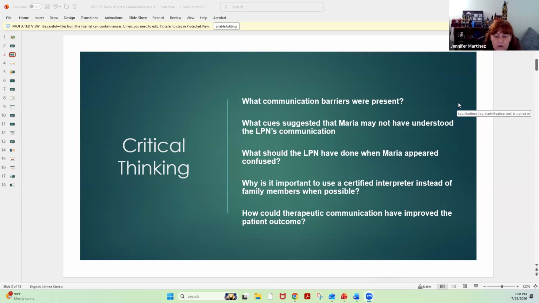And one thing too, with all of that, they may not convey everything that we need to know, right? They might, depending on culture, depending on patient.